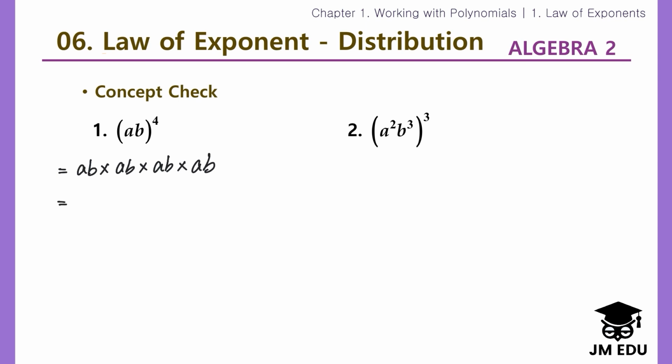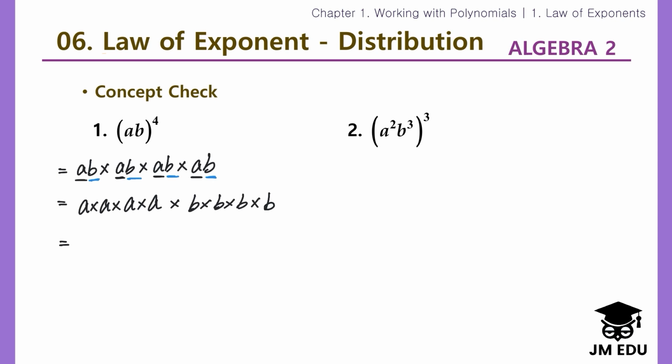So we have a base A, base A, base A, base A here, so I'm going to write A times A times A times A. This expression can be simplified. And we have a base B, B, B, B, so I'm going to write B times B times B times B.